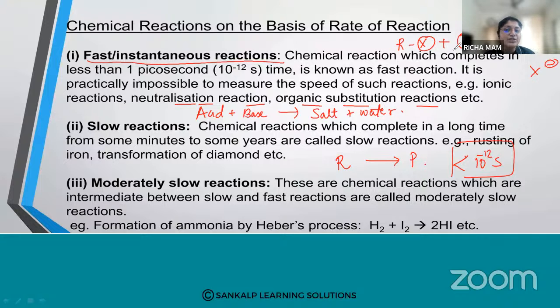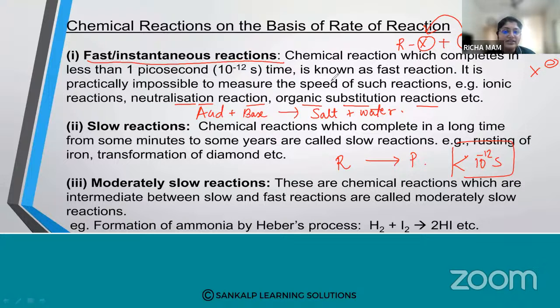This is a substitution: one atom is substituted by another atom. Such reactions are called organic substitution reactions. So we are discussing the types of chemical reaction on the basis of rate of reaction. There can be three types of reaction possible. One is a fast reaction.